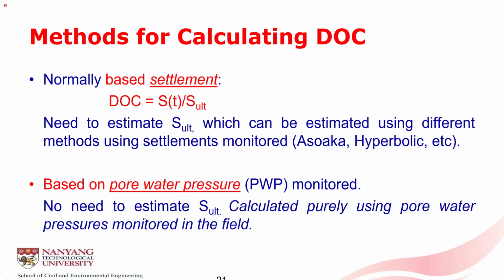So the degree of consolidation estimated using pore water pressure will have no errors involved in humans' judgment, humans' calculation. But if we calculate degree of consolidation using settlement, there is a certain degree of human errors involved in the estimation of the ultimate consolidation settlement.